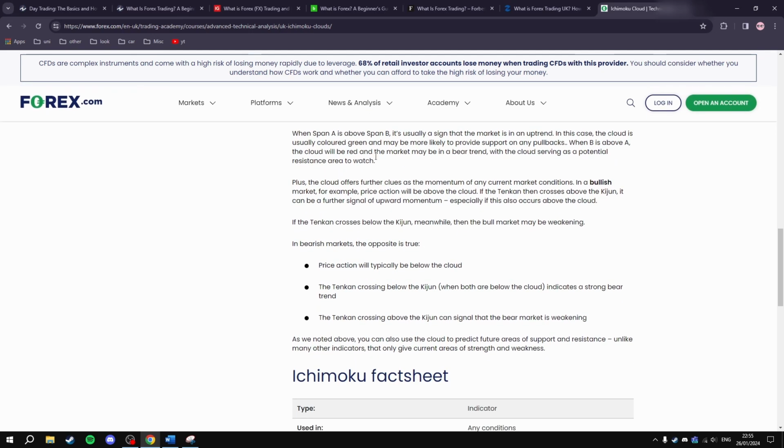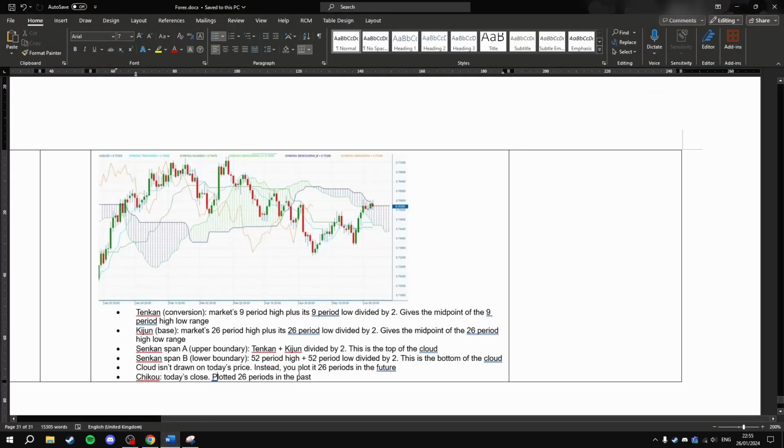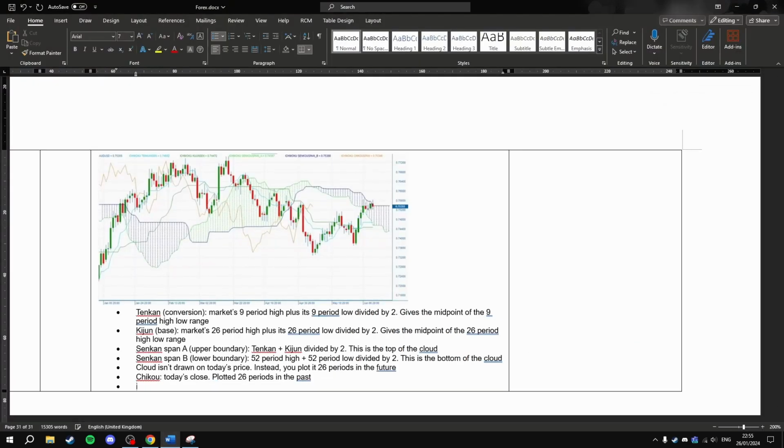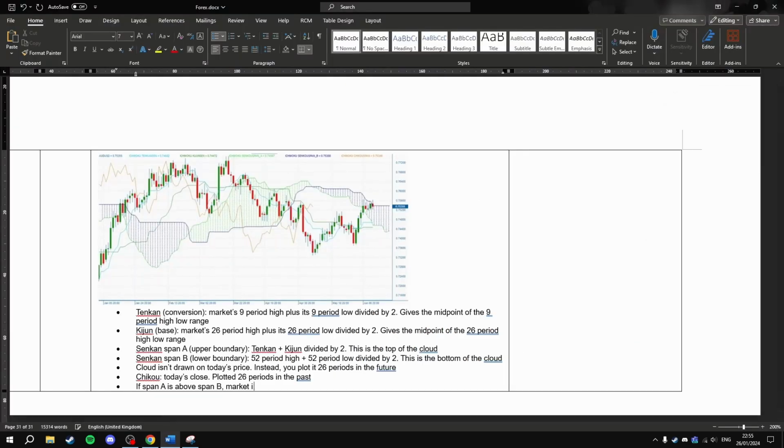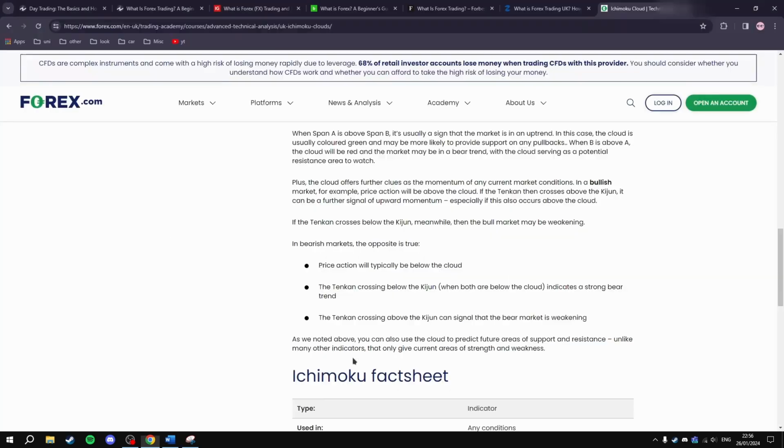When Span A is above Span B, it is usually a sign that the market is in an uptrend.